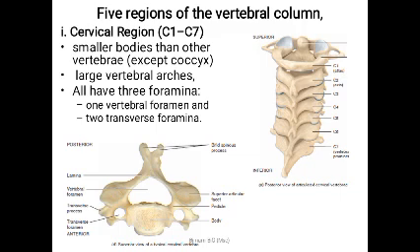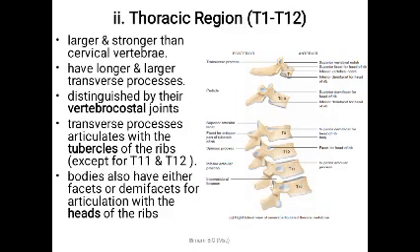1. Cervical region: smaller bodies than other vertebrae except the coccyx, and large vertebral arches. All have 3 foramina: 1 vertebral foramen and 2 transverse foramina. 2. Thoracic region, T1 up to T12: larger and stronger than cervical vertebrae, with longer and larger transverse processes, distinguished by their vertebrocostal joints.